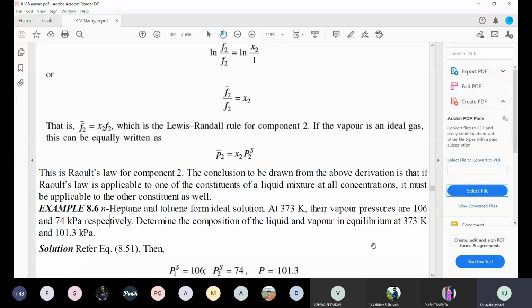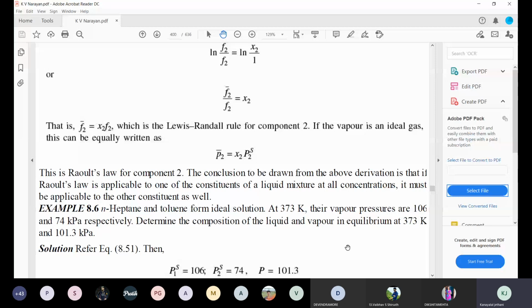समझ में आया कैसे करने का है? कैसे करेंगे देवेंद्र? सर, राउल्ट्स लॉ यूज करके. हाँ, राउल्ट्स लॉ यूज करके. Okay. सो P1S दिया है, P2S दिया है, प्रेशर दिया है टोटल, राइट? तो इससे क्या निकाल सकते हैं हम? x1, y1, x2, y2 निकाल सकते हैं, राइट?